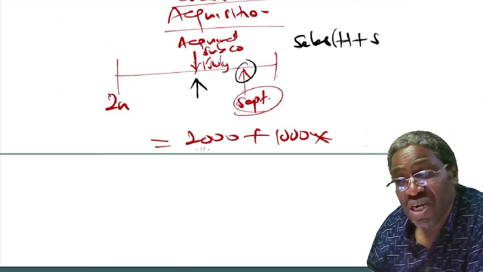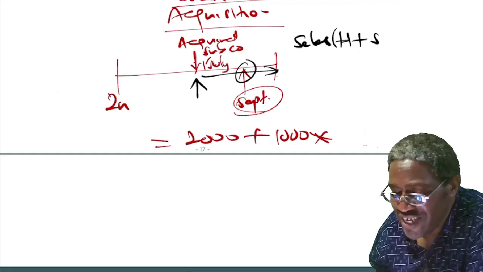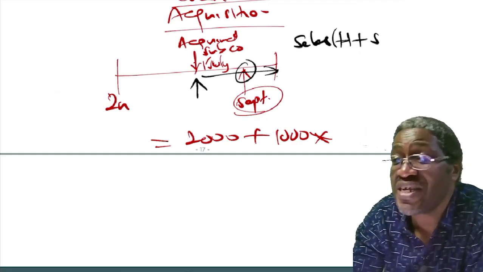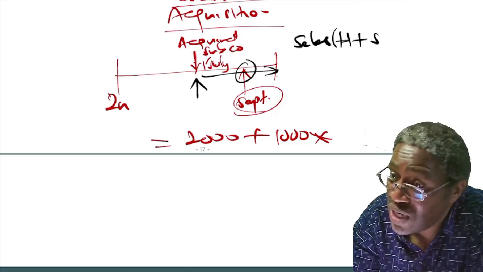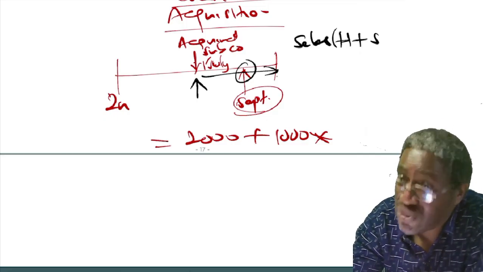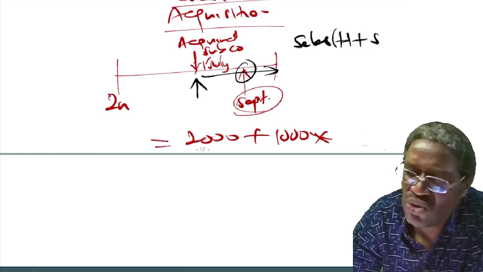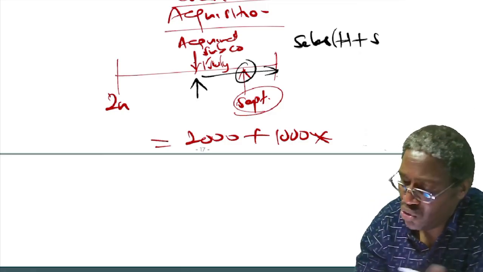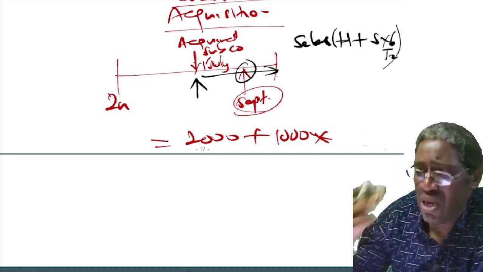But remember, this is your subsidiary company for 6 months. You will consolidate it from the date you acquired, not from the date you paid the purchase consideration. So you will take 6 over 12 of their sales and so on.